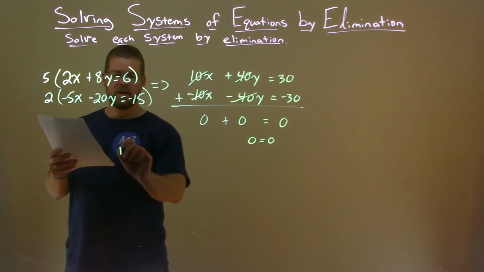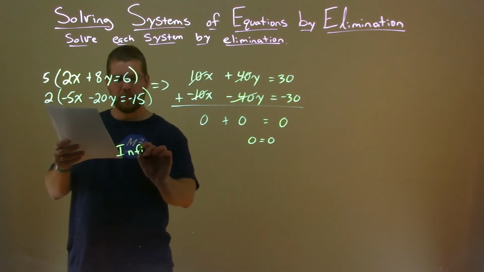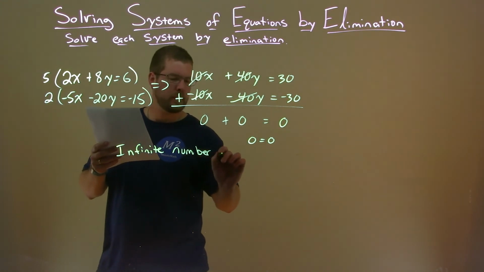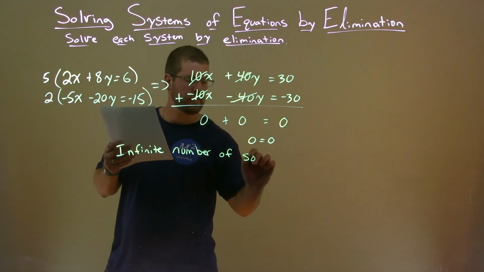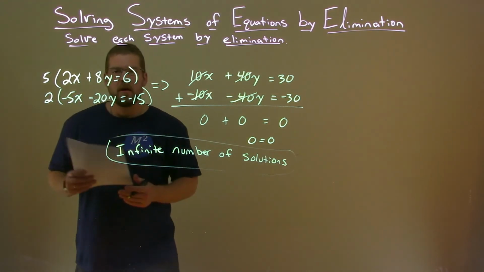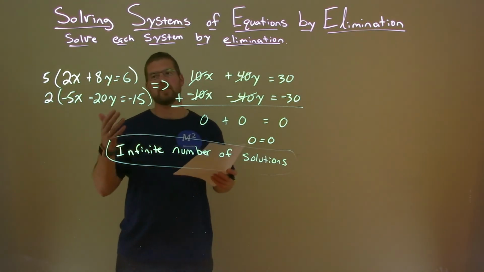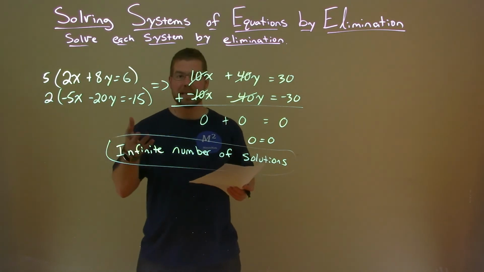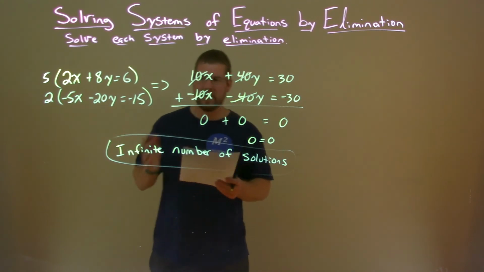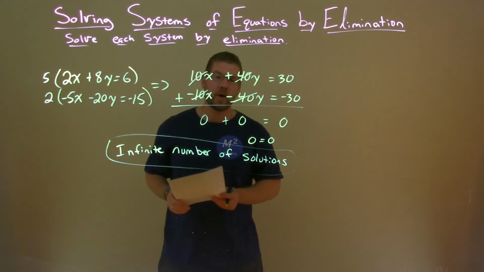That means we actually have an infinite number of solutions. So that means there's infinitely many solutions for x and y that we can plug in, and this would be correct. Okay, so we have an infinite number of them. That is our final answer.